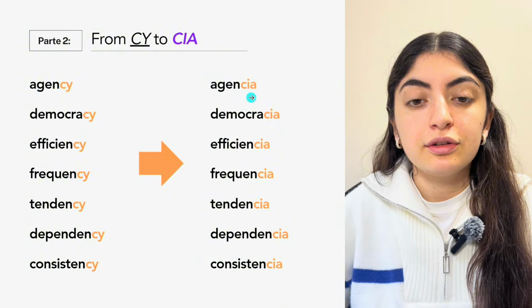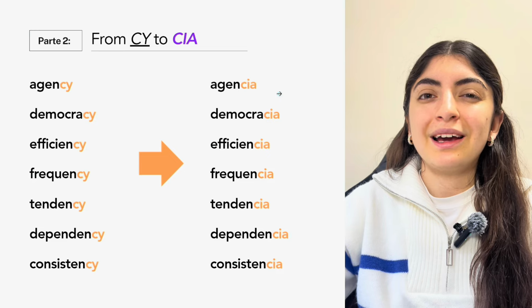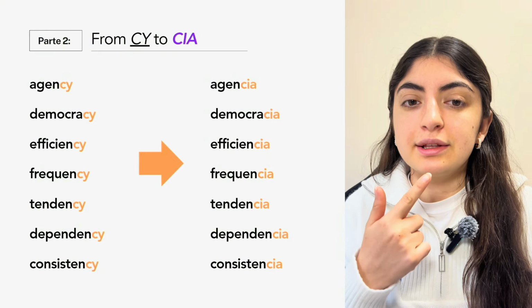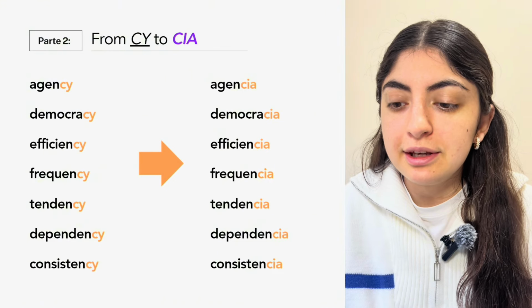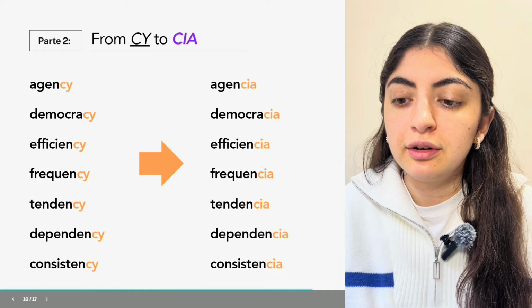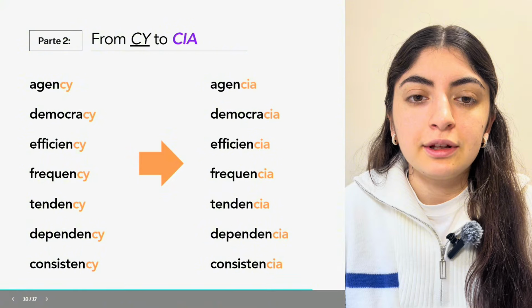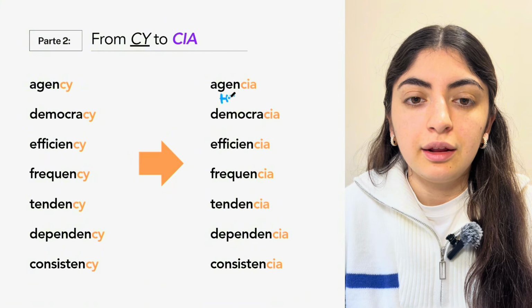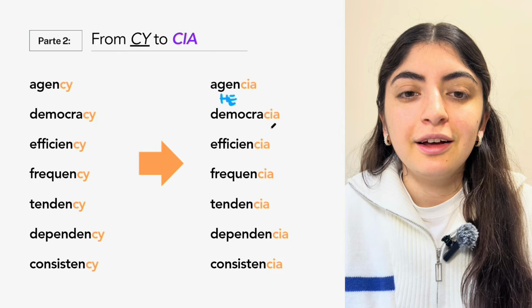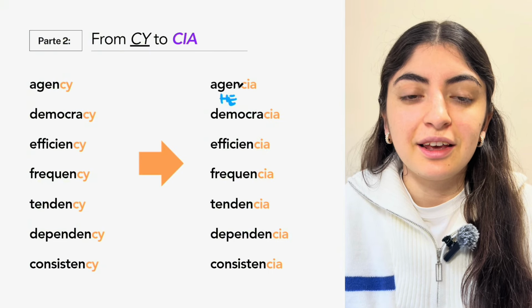Agencia, so try to repeat it. Agencia. It's like an H and an E, agencia. The pronunciation here, it's like if you were saying H, like this. Agencia.